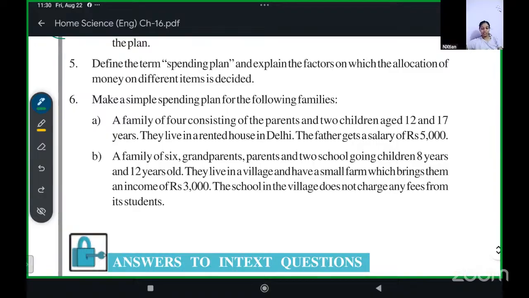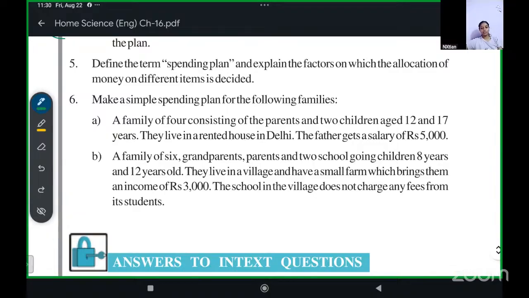And you also set apart an amount for saving, for an emergency. You prioritize your needs so that you can manage your income more efficiently, in a better way. That is a spending plan.